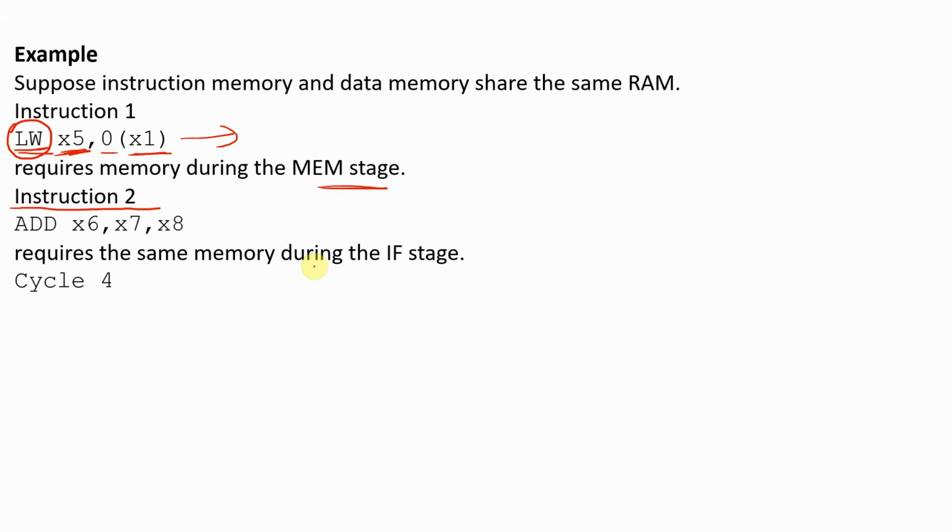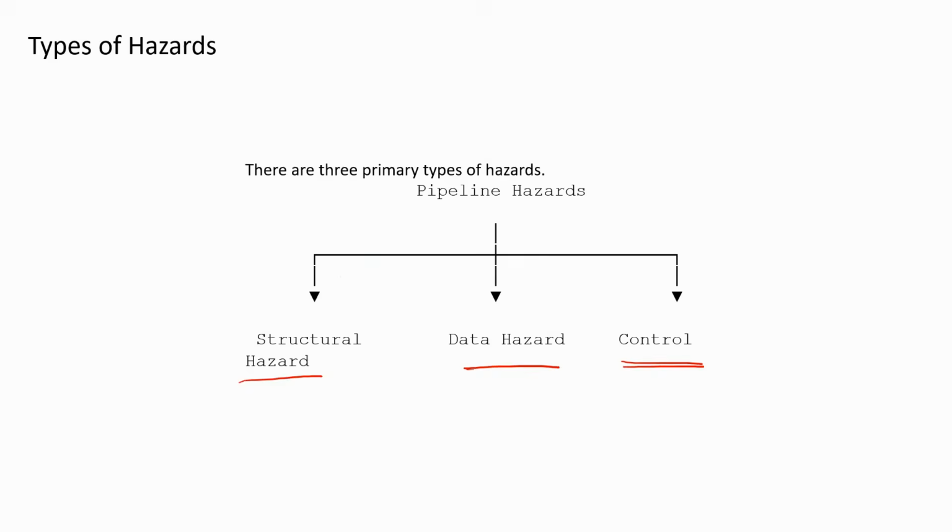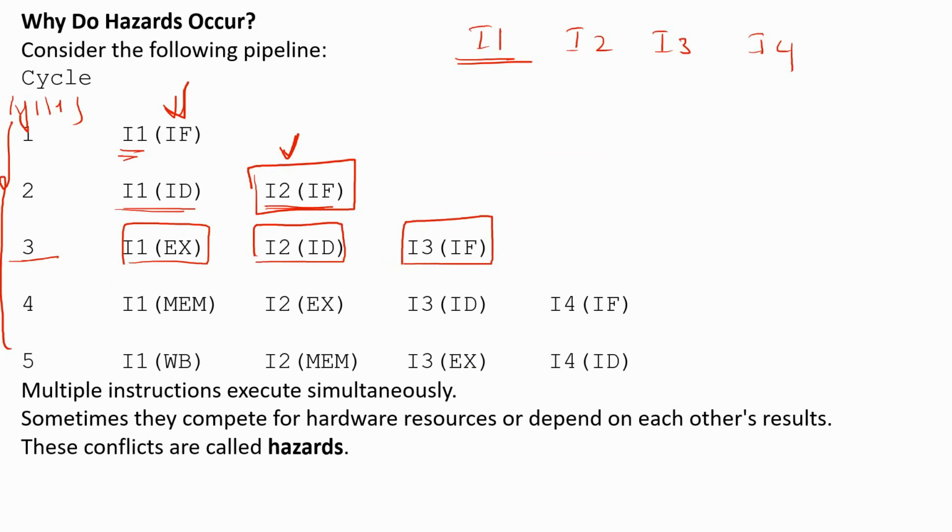Now, what is going to happen? Instruction 2 is an addition operation where we add the contents of x7 and x8 and store in x6. This requires memory during the instruction fetch stage, in cycle number 4. If you carefully observe, in the IF stage, this is my second instruction, and here I'm going to have a conflict.